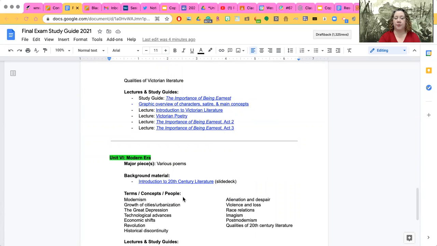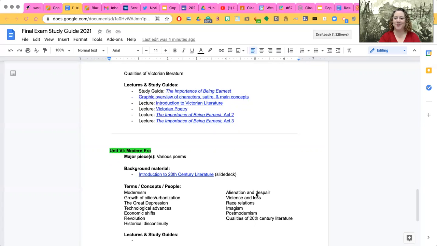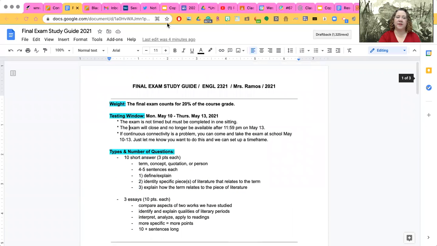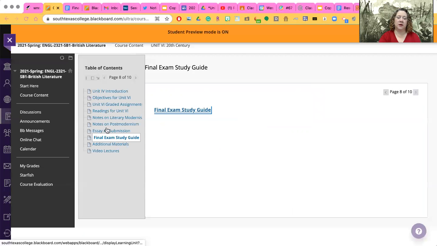All these terms are going to come from the PowerPoint from today and the points that I'll be making in the literature later this week and next week. So it's okay if these don't look familiar to you because we haven't gone over them yet. All right, that's available to you right here in the unit.